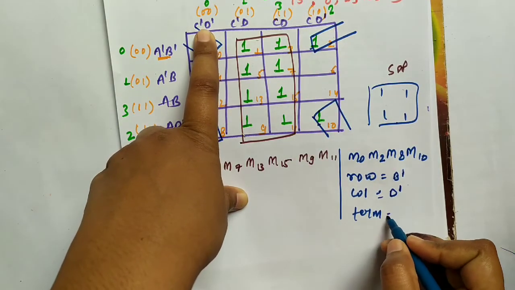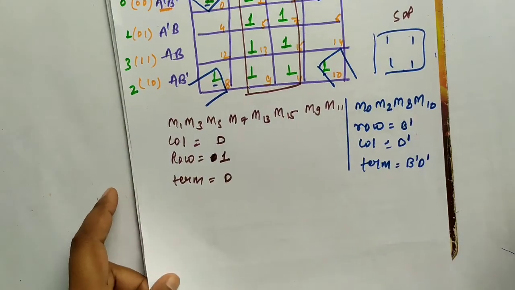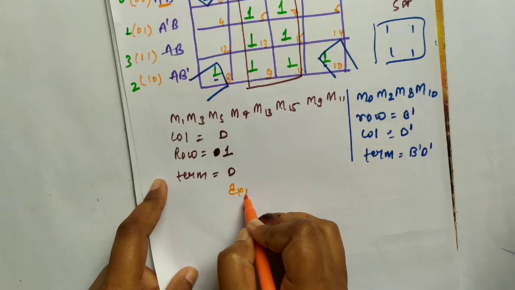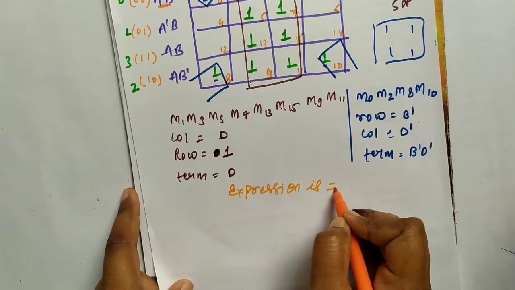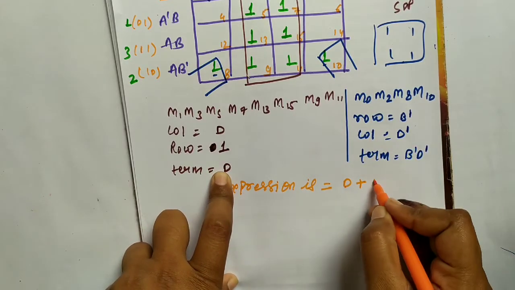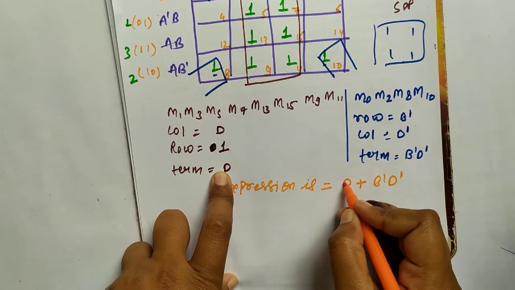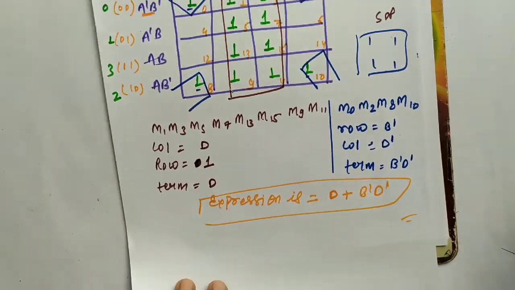So the term is B'D'. So we can write the expression: D plus B'D'. This is the answer. This is the simplified expression of that question.